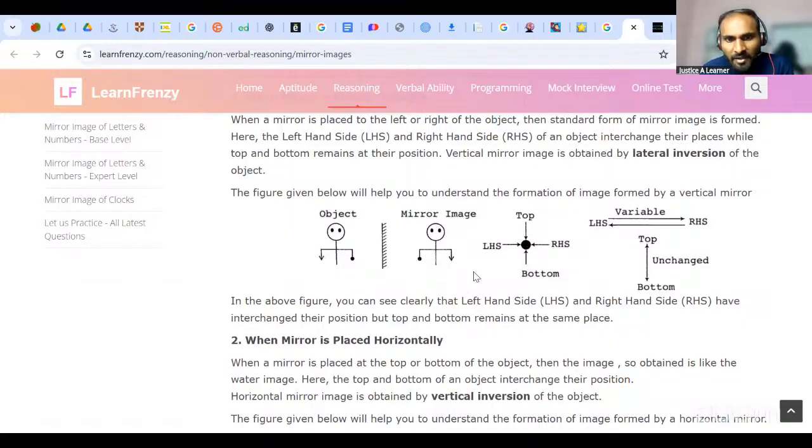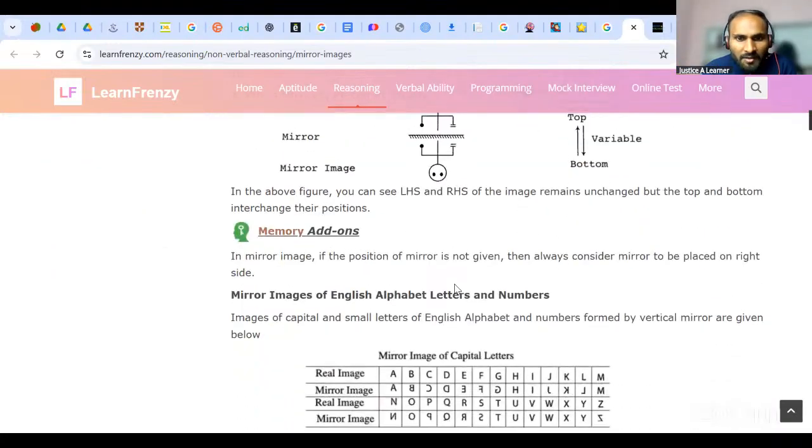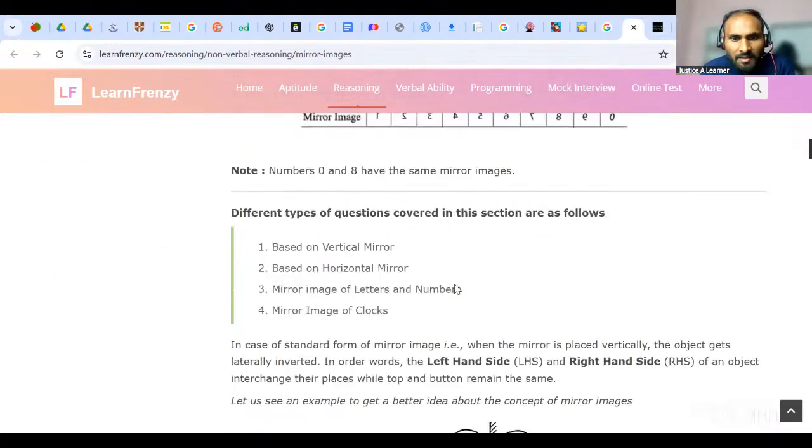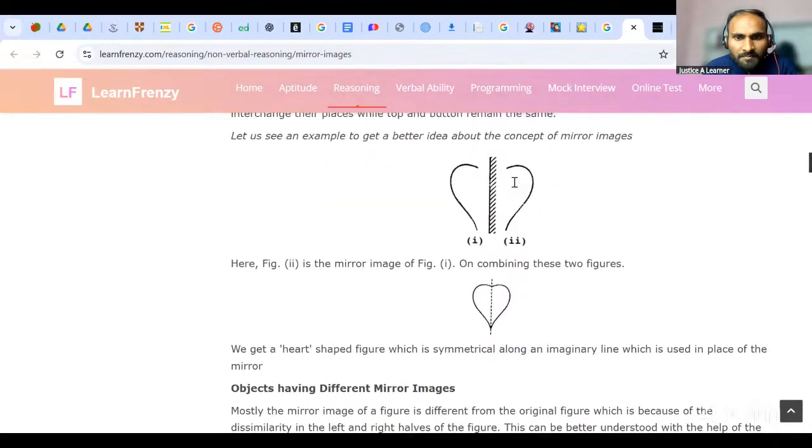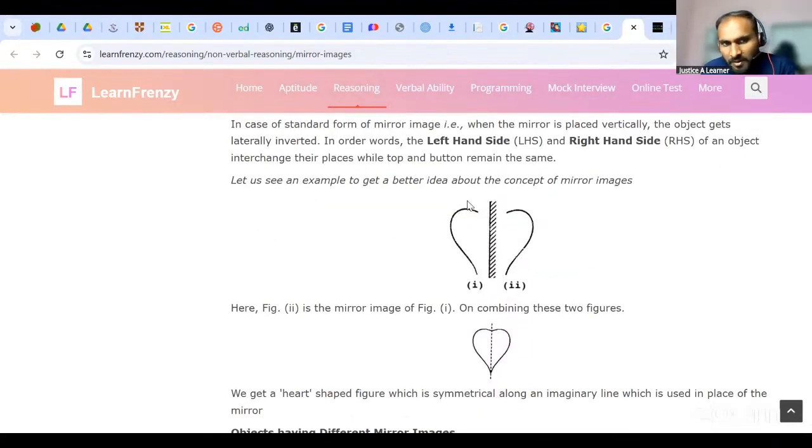This arrow has gone this side, and this dotted circular part has gone this side, right? So this is how it actually works. And now more, we can see this one. This one would have been like this, and the second image is the reflection of this original image in the mirror, right?